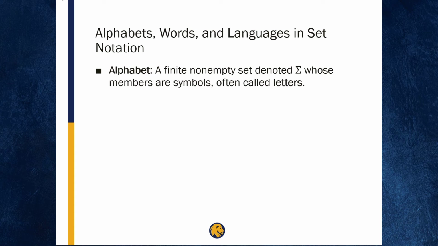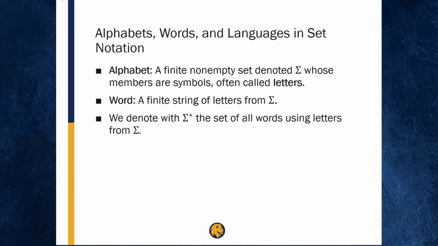That's how we'll define an alphabet. We're going to define a word as a finite string of letters from capital sigma. We denote with sigma star the set of all words using letters from sigma. And any subset of sigma star is defined to be a language.